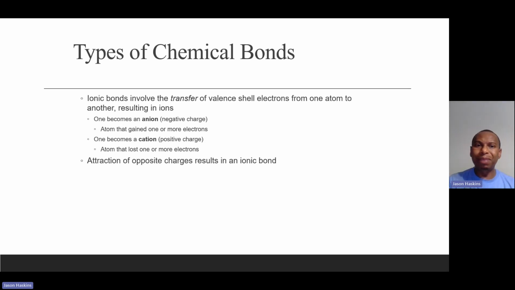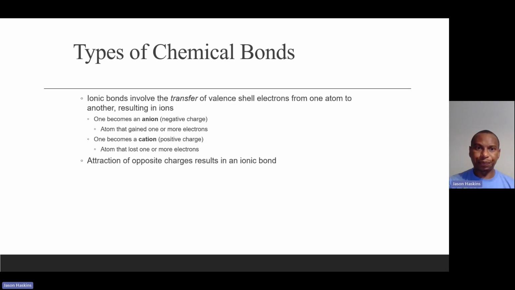The term valence just means outside, the outermost shell. The valence shell wants to be full of electrons, whether it is 2 because it's only one shell, or whether it's 10, meaning 2 on the inside shell and 8 on the second shell.